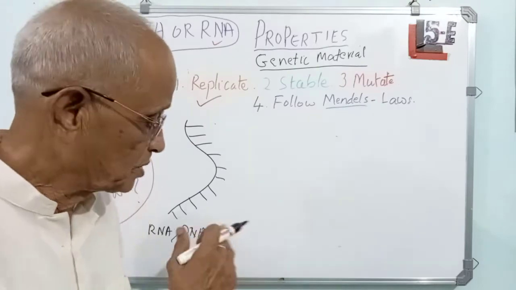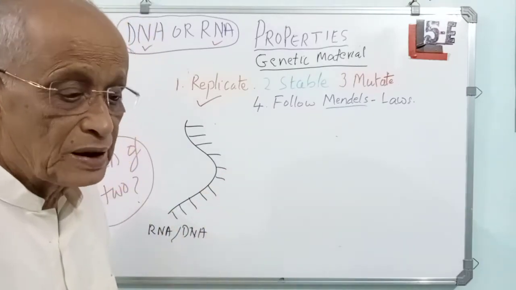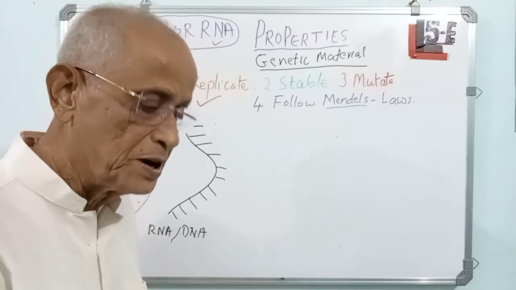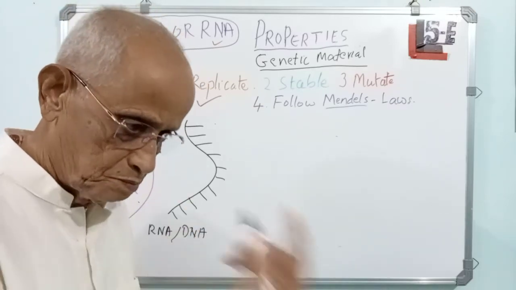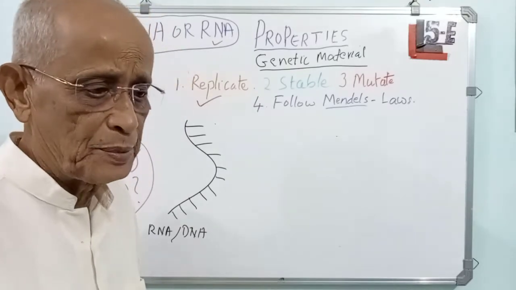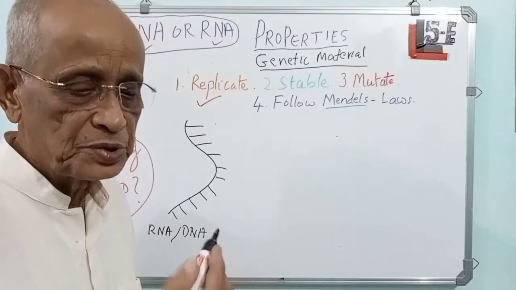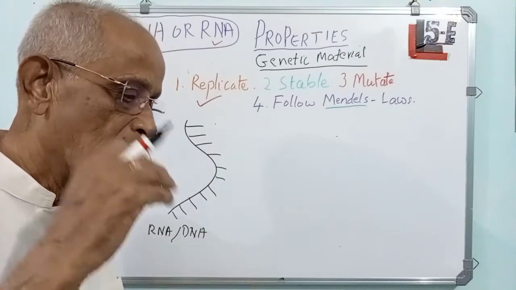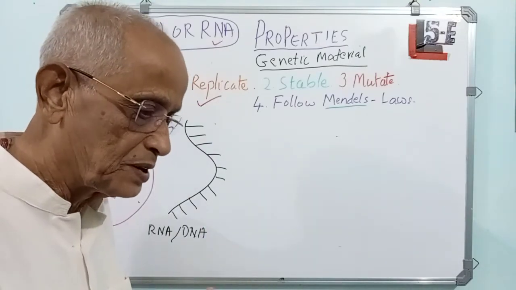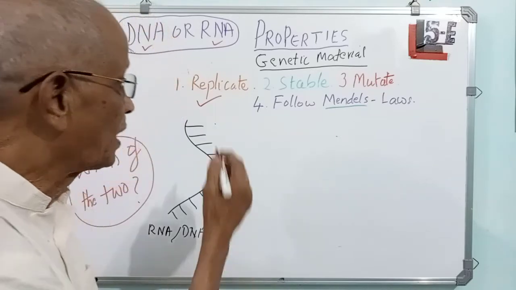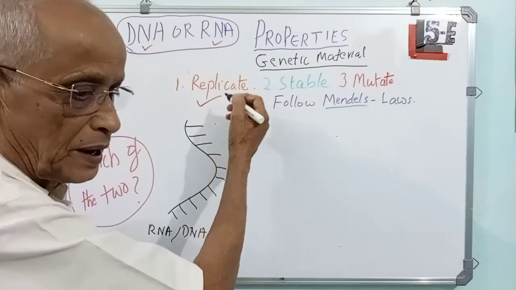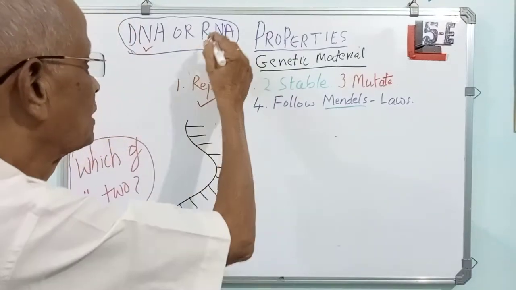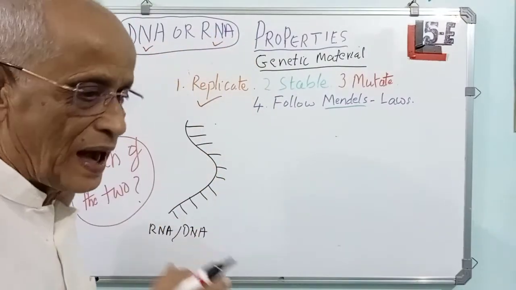That is the replication that will happen. Similarly, RNA will replicate and send its material to form the different types. For example, RNA is seen in the mitochondria, it is seen in the Golgi bodies, it is there everywhere. So that also has the property to replicate itself. So for the first property, both RNA and DNA have it.